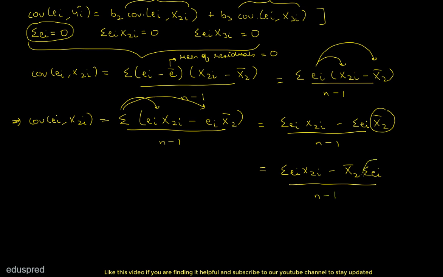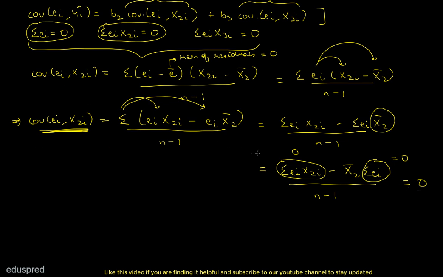Now I know that summation of ei is 0, so the second term becomes x2 bar multiplied with 0, and we also know that summation of ei x2i is 0, that means this term is also 0. So the numerator becomes 0 minus 0, which implies that the covariance between ei and x2i is equal to 0.